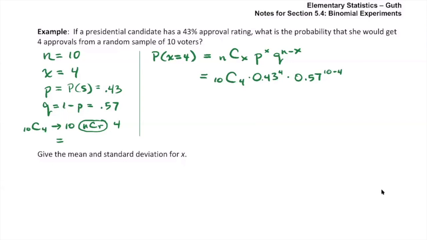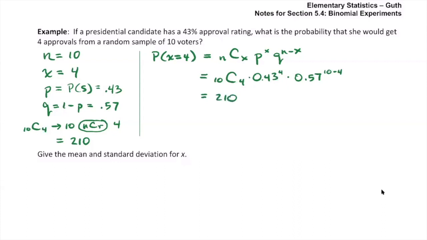Thanks, Nicholas. So there's 210 ways to get 4 yeses out of 10 voters. And if you didn't have this tool, you'd be counting, and that'd just be ridiculous. So anyway, there's 210 ways to do it.